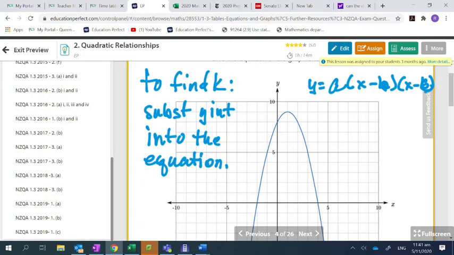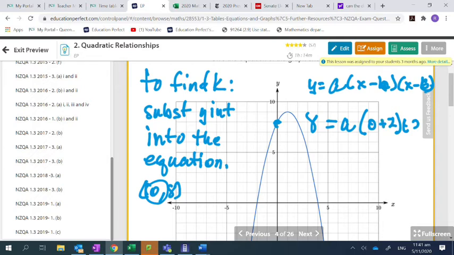So our y-intercept in this case is right there. That's the point 0, 8. Plug that in. Okay? The y value is 8 equals a or k, I don't care, times x value is 0. 0 minus, what was it, 2? And 0 plus 2, I'm sorry. And 0 minus 4.